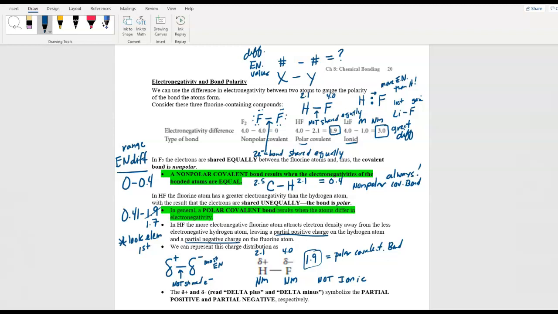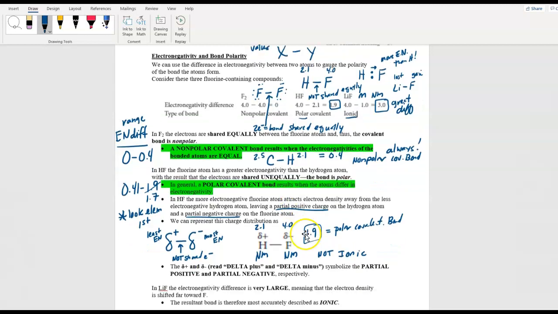We used to call them deltas because of the Greek symbols, but I'm going to call them by the name AP has for them now, partial negative. And the least electronegative, which is hydrogen, would have that symbol, little partial positive, on him. So if and only if it is polar, you have to indicate who is partial positive and negative.